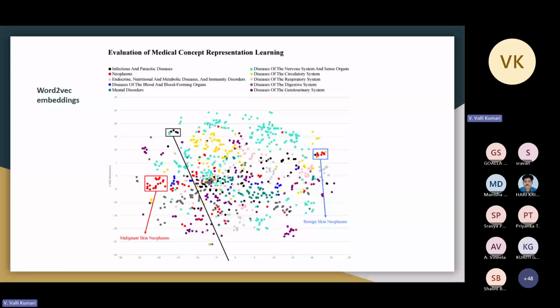So now when such a set of vectors is given as input for learning the medical concepts, t-SNE is applied, and you can see the distinction there.